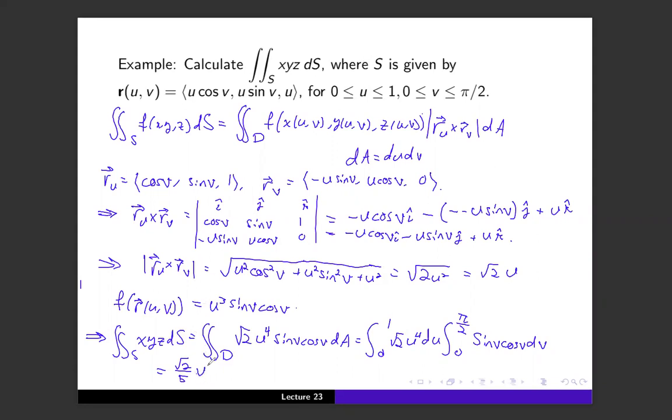Root 2 over 5 u to the 5th for the first integral times 1/2 sine squared v, and u is going from 0 to 1 and v is going from 0 to pi over 2. In both cases, the zeros just go away and you're left with 1 on both sides. So this comes out to root 2 over 10. And that's our final answer.